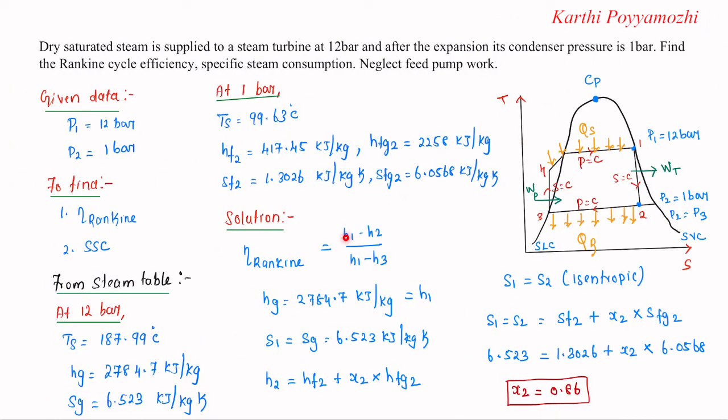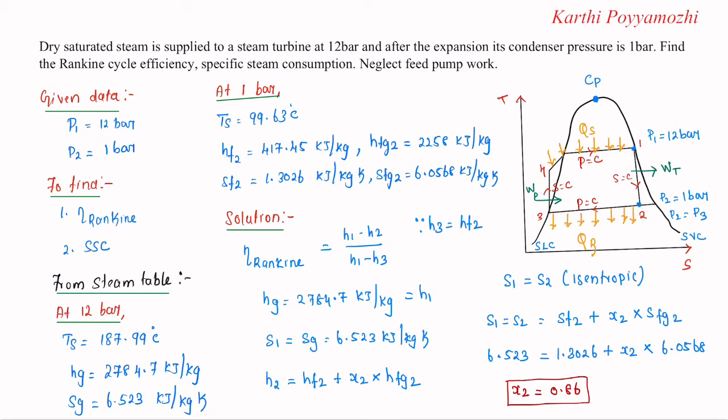Now we have found the values of H1 and H2. Now we have to find the value of H3, and this value of H3 is equal to hf2. That is, at state point 2 and state point 3, the pressure remains constant.